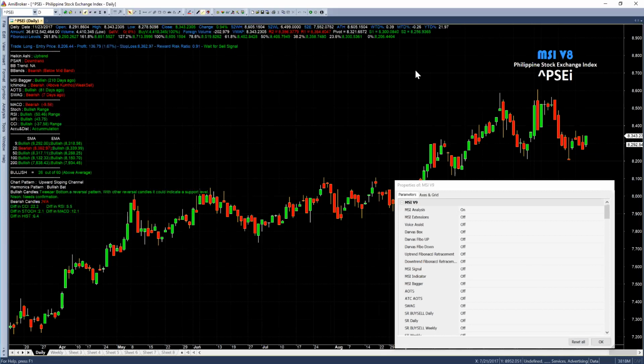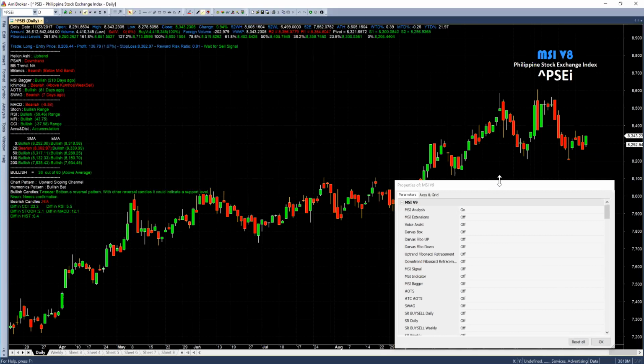Okay, so yung 52 equilibrium naman, ito yung midline or yung equilibrium ng 52 weeks high at 52 weeks low.